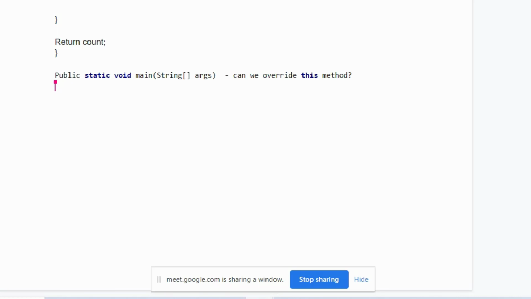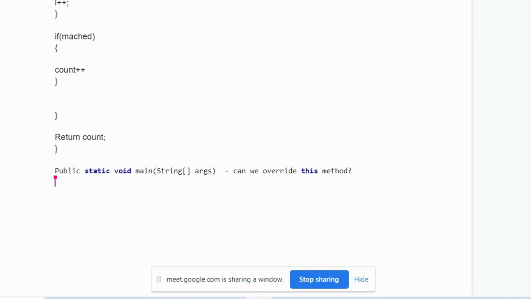Public static void main, can we override this? First of all, a static method cannot be overridden. It is known as method hiding in the concept. So I don't think we can override. Okay, can you write down your answer? Just a simple yes or no will be enough.